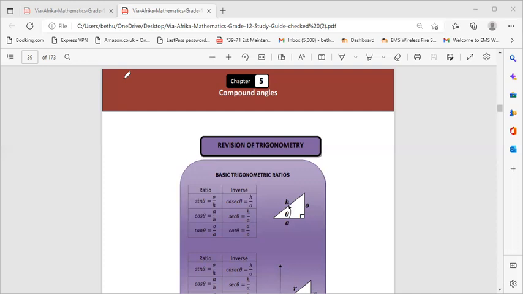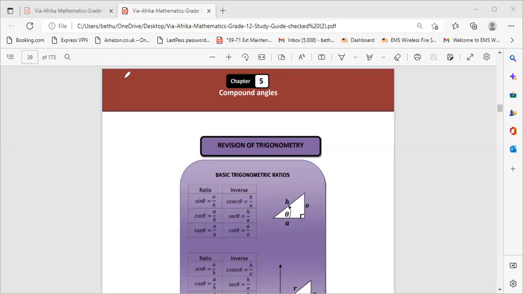Now, it is also equally important for you to know the inverse of these ratios and know how you can simplify them if they pop out in the exams. If you have cosec theta, which is the inverse of sine theta, you can express it as the hypotenuse length divided by the opposite length.